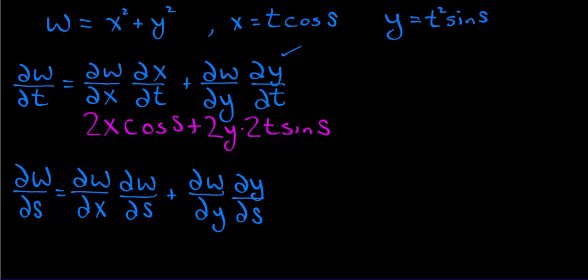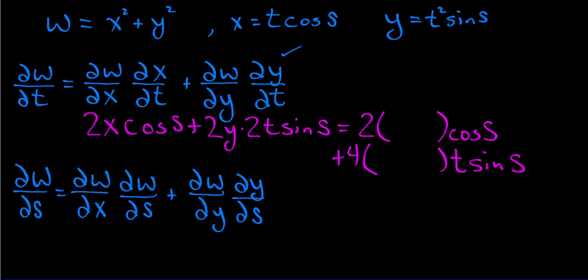Now, I want to clean this up just a bit. Let's see here what we've got. We've got 2x, and I'm going to leave a little blank here in place of x, cosine s, plus 4, I'll leave a blank for the y, t sine s. And what I want to do is put in place of this first blank, the x, what x is, and that's t cosine s.